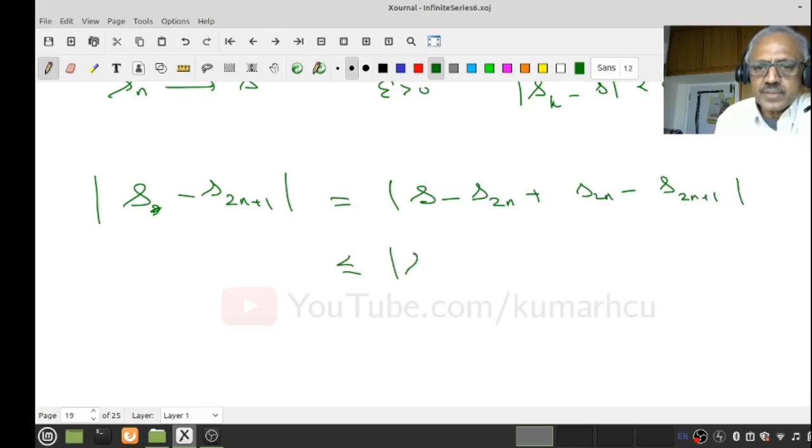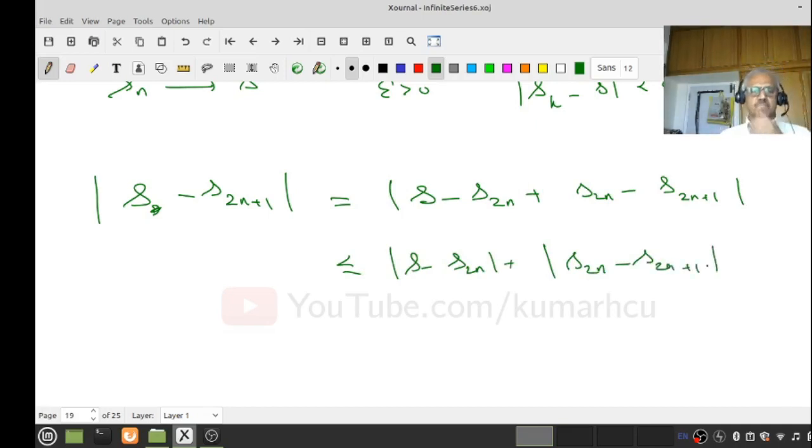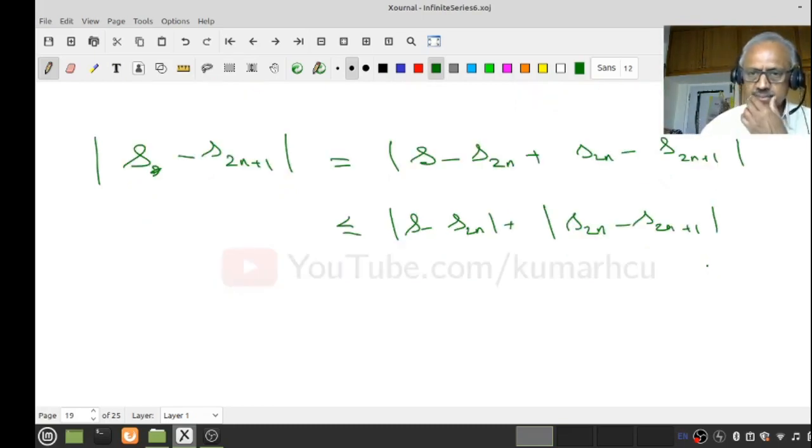But that is less than or equal to the modulus of S minus S2n plus the modulus of S2n minus S2n plus 1. I think this should be enough. Okay, that's fine. Now what do I know about this fellow?